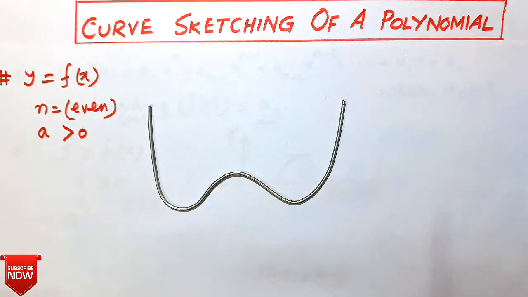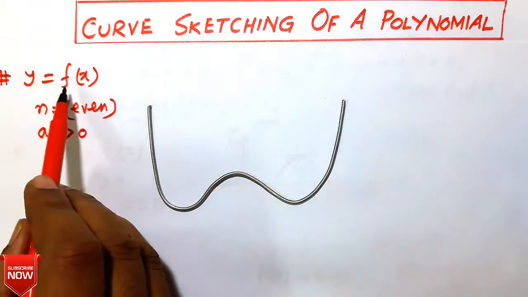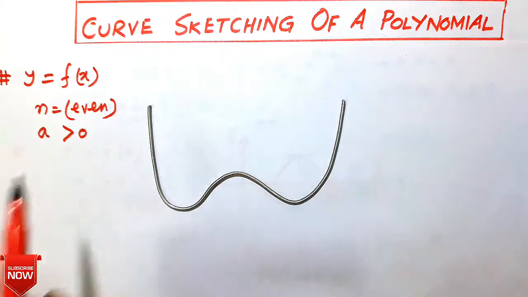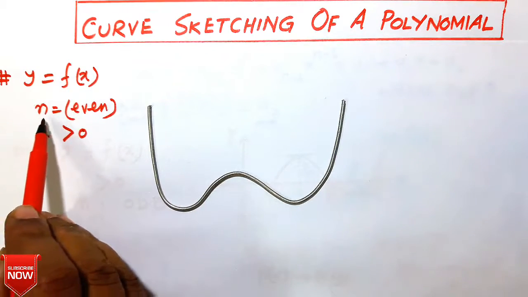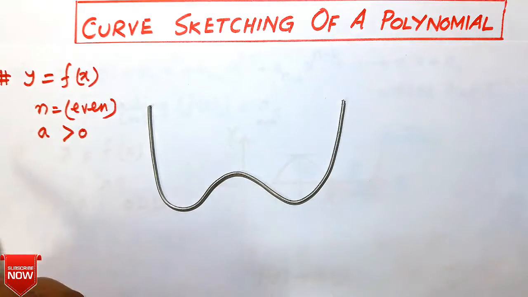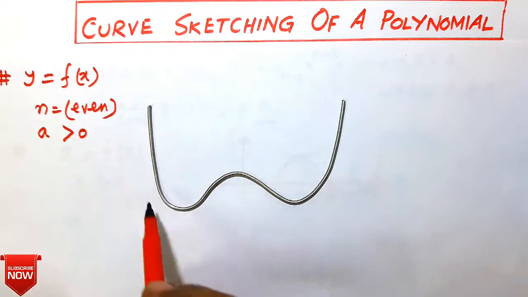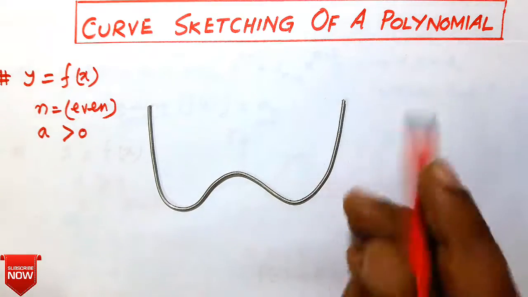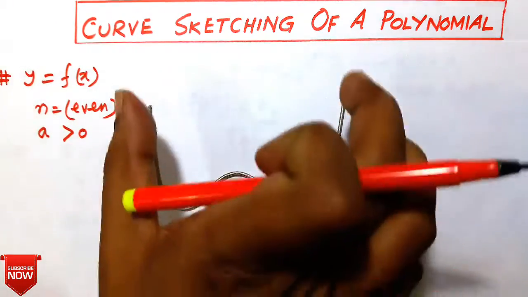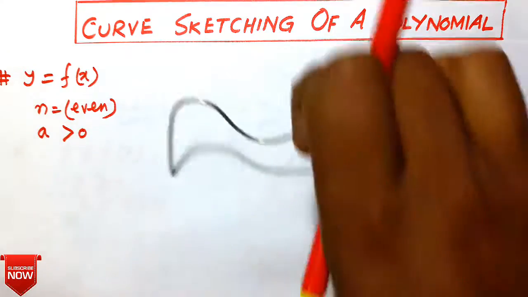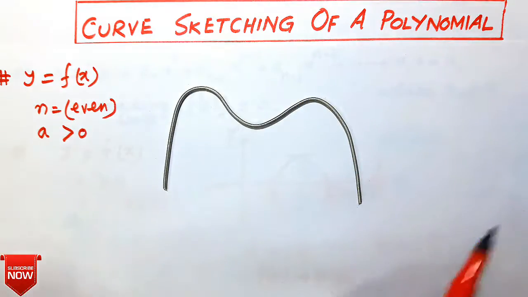Again I repeat. y is equal to fx is considered. n is the degree of the polynomial. Now n may be even or odd. When n is even, then the curve ends will be in one direction, maybe in the upward direction or maybe like this in the downward direction.